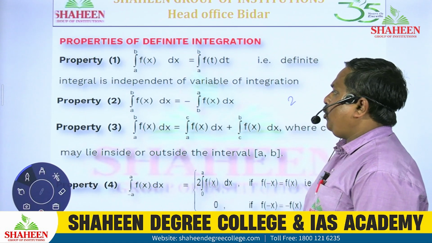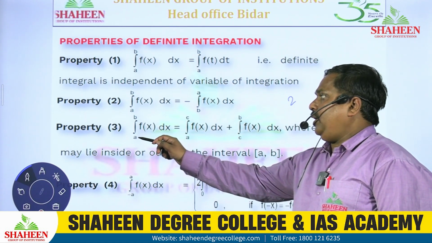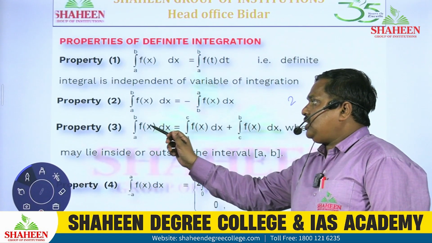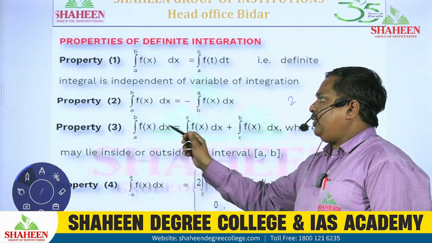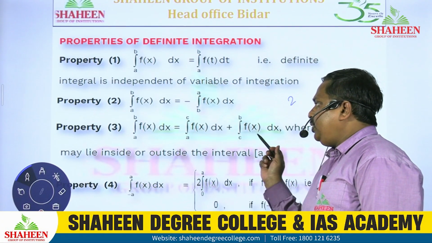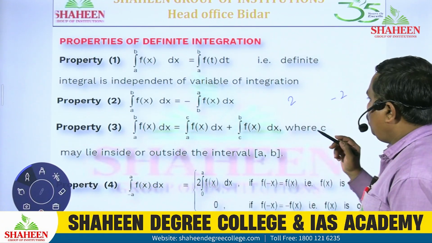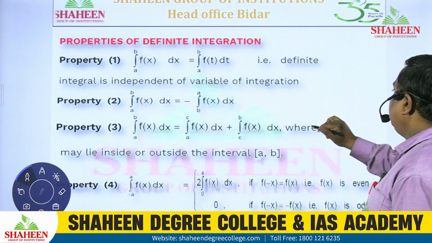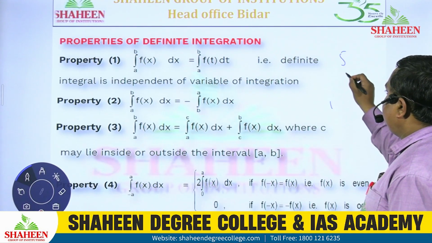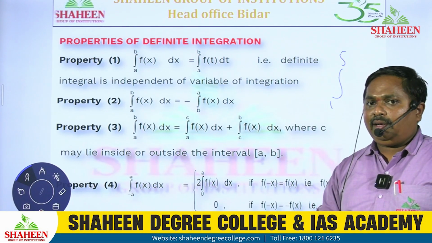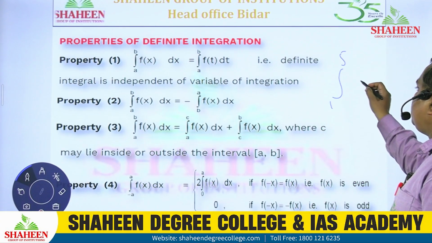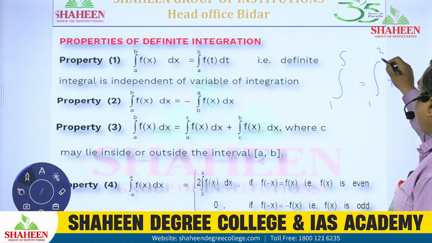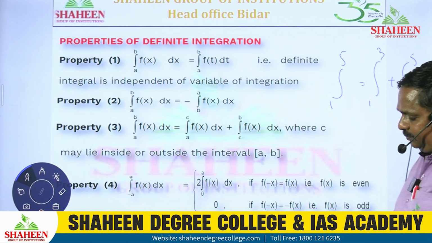Next, the third property: if we have integration from a to b f of x dx, then we can split this as a sum of two integrals. Suppose we are finding the integration from 1 to 5, then we can break this integration as a sum of two integrals, like 1 to 3 and 3 to 5 dx.